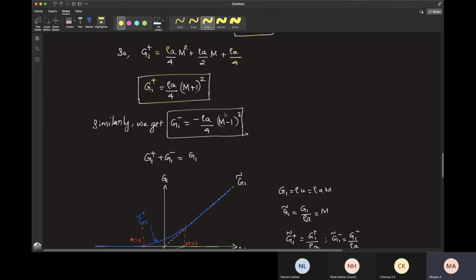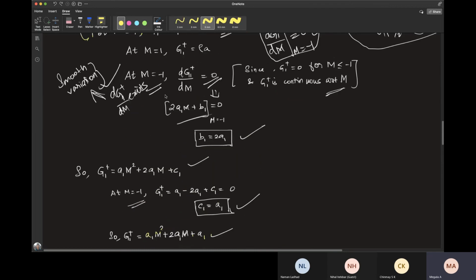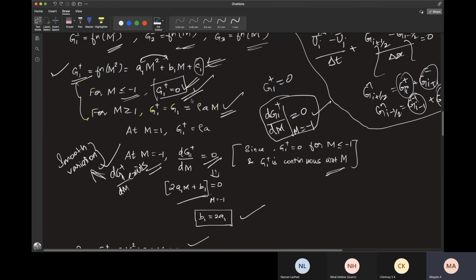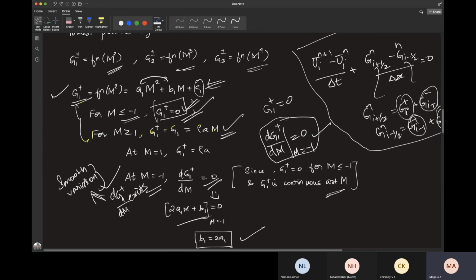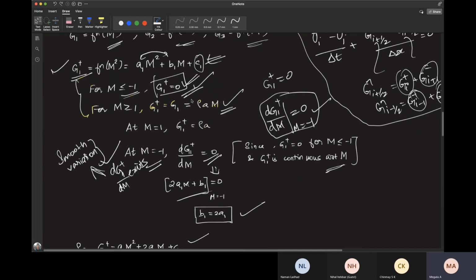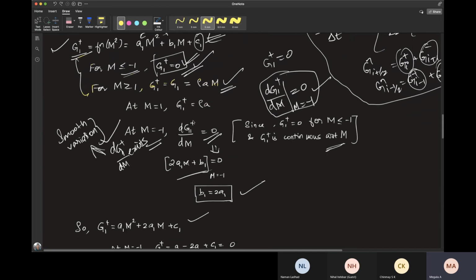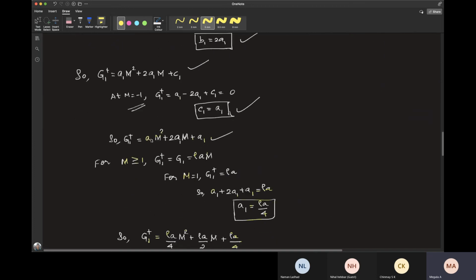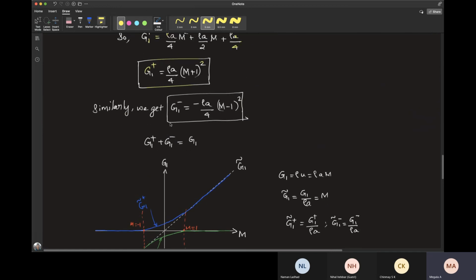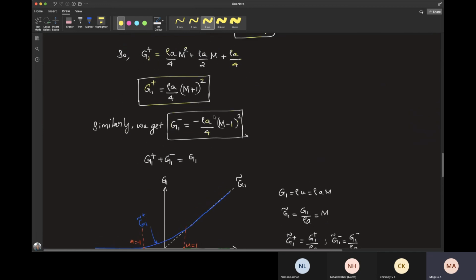So this way we are getting the expressions for G1 plus and G1 minus using the conditions that Van Leer has put. He has followed certain upwinding conditions that are already there in the Steger-Warming flux vector splitting method, and also he has put some additional conditions to avoid the sonic glitches, that is to avoid discontinuities. So we are getting two expressions.